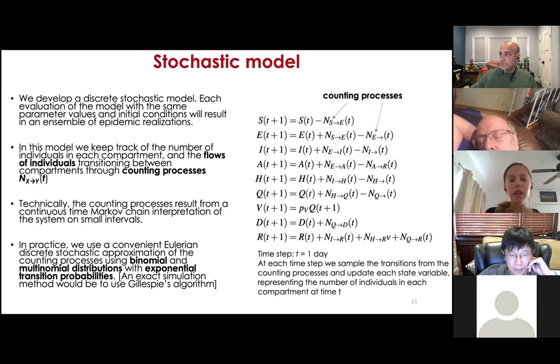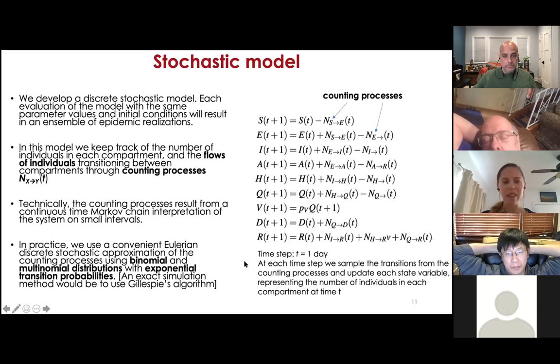Now, what we do is take a more convenient approach, which I say is convenient because from a simulation perspective, it's very straightforward. What we're actually doing is approximating those counting processes using binomial and multinomial distributions with exponential transition probabilities. So the whole thing isn't Poissonian, but the whole thing is Markovian in that it comes from the basic Markov property.